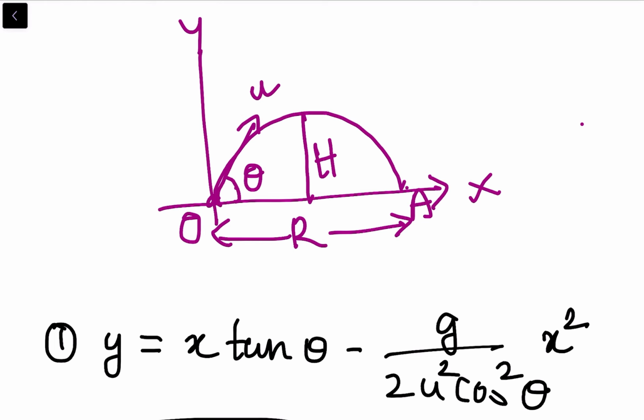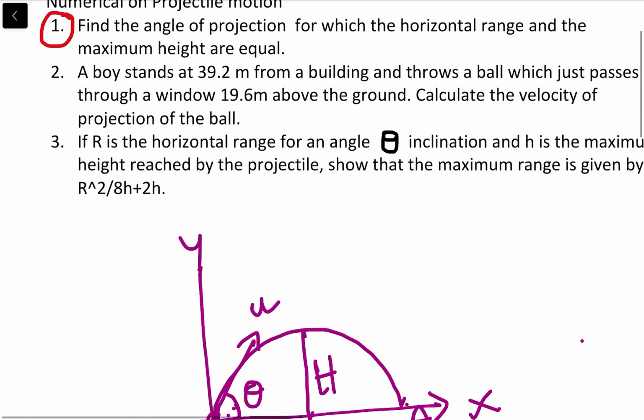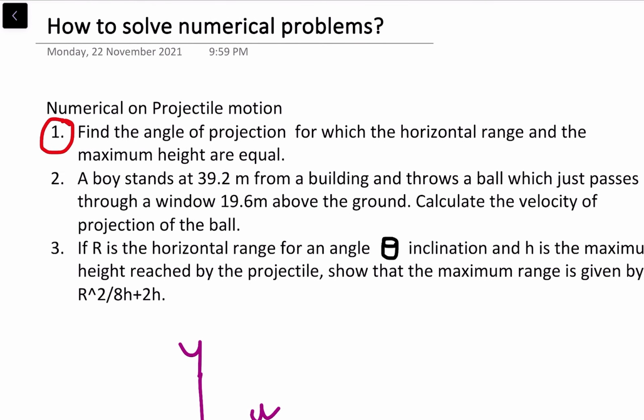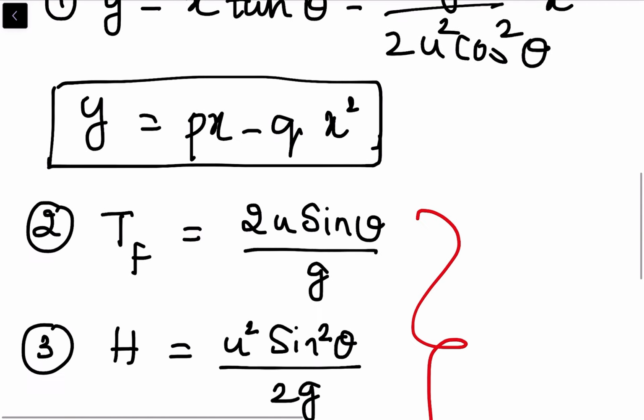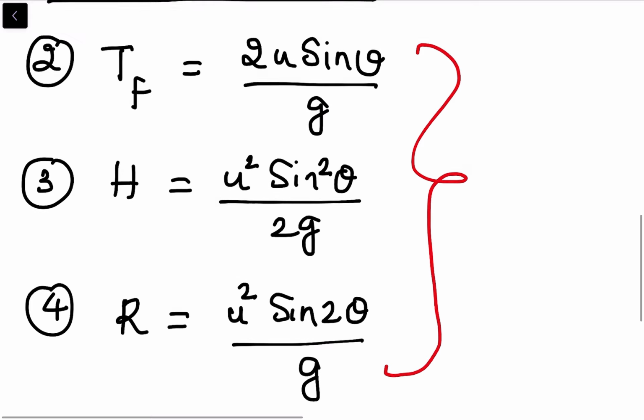When you have to find this theta, what they have given in the problem is that the horizontal range and maximum height are equal. So let us take the formulas of horizontal range and maximum height. Because they said equal, we will equate them.